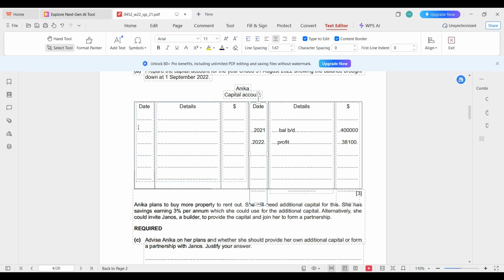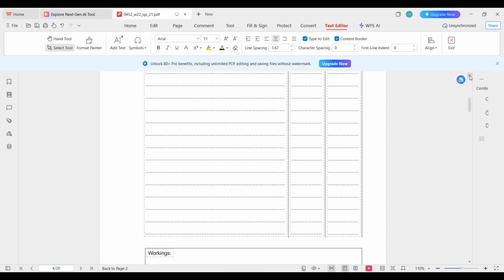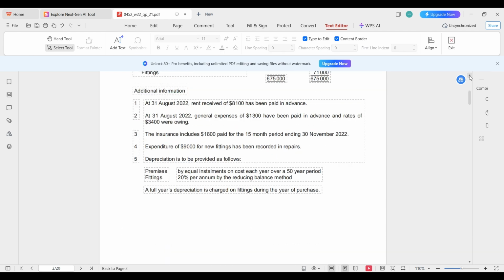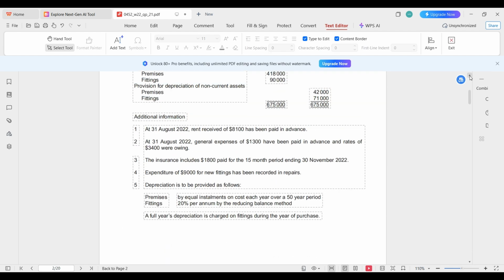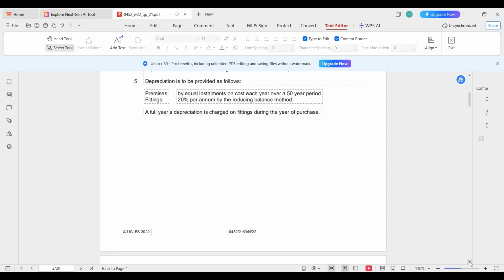Drawings at the end of that same year, which is 31 August 2022. How much were our drawings? I think if we go back to our trial balance, we can get how much these drawings were. So our drawings were 18,500. 18,500 was our drawings.